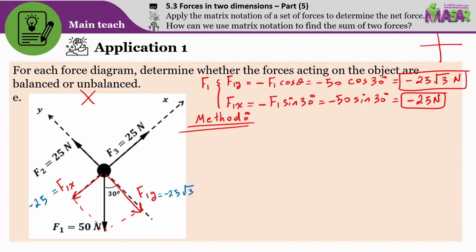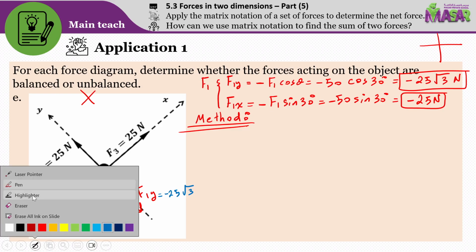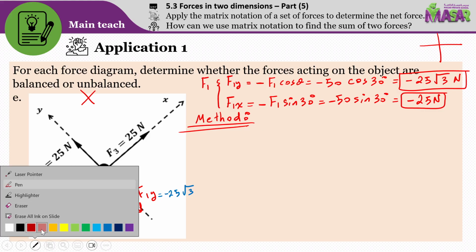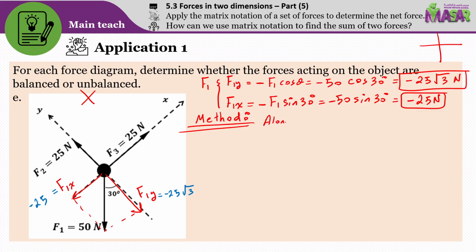So as we can see here, we have balanced forces along the x-axis, but this is not the case vertically. Let me write down here: along the x-axis, it's better to say x-axis, since this is not horizontal, this is the x-axis.